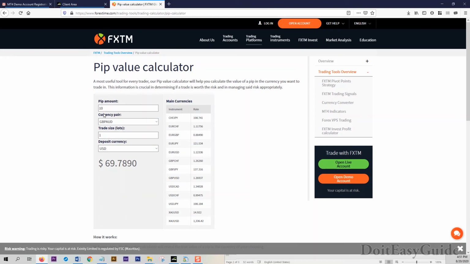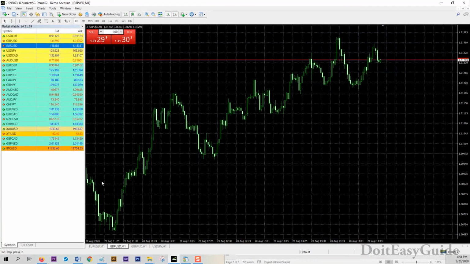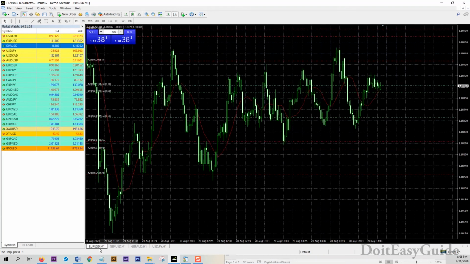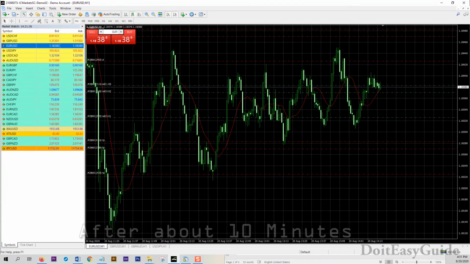But if you go to a pair like GBP AUD, then you see the amount is different, and you can calculate how much risk you are getting, how much profit you are getting. You can easily calculate from here, right?